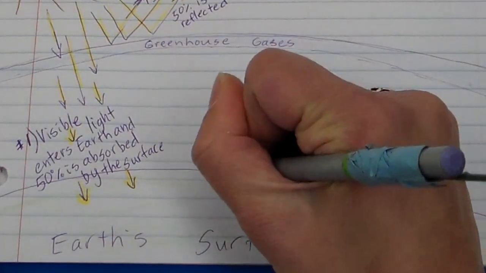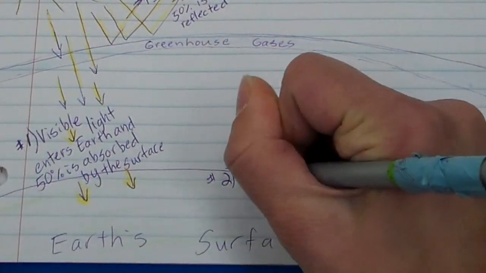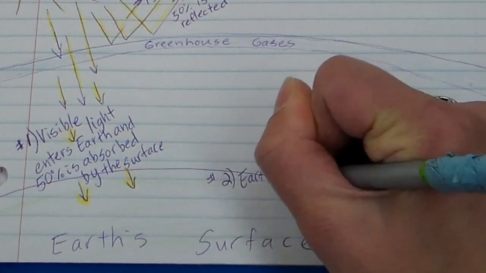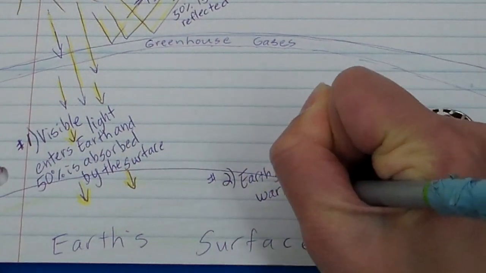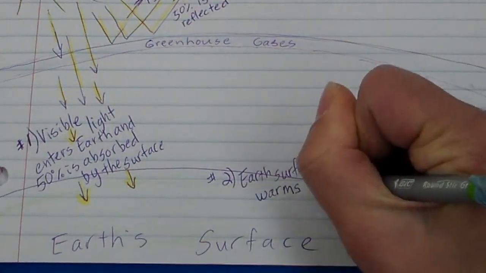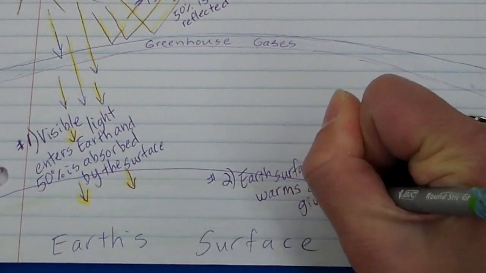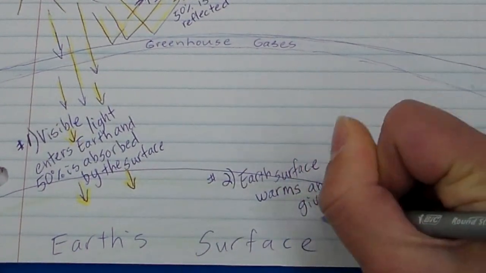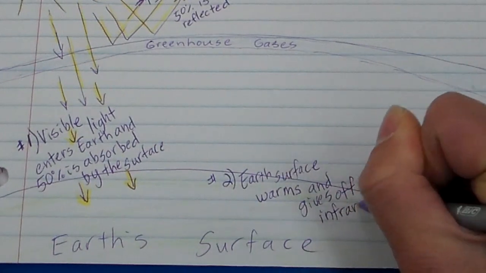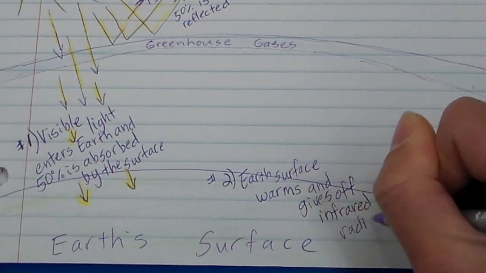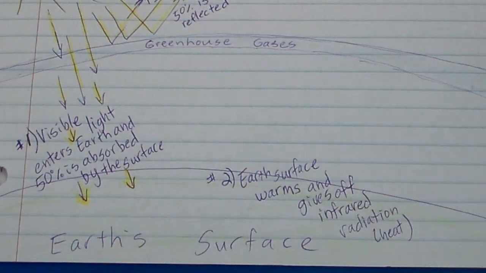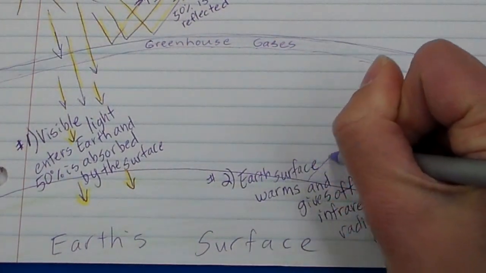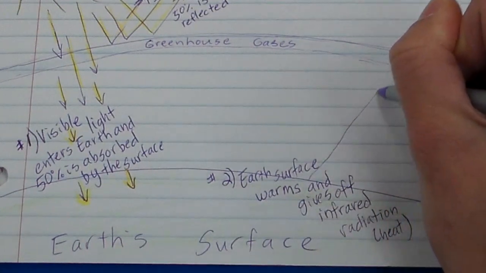I'm going to put this down here for step number 2: Earth's surface warms, because it's sitting in the sun, and gives off infrared radiation, which another word for is heat. So the Earth's surface is actually going to give off radiation, because it's getting warm from the sun.